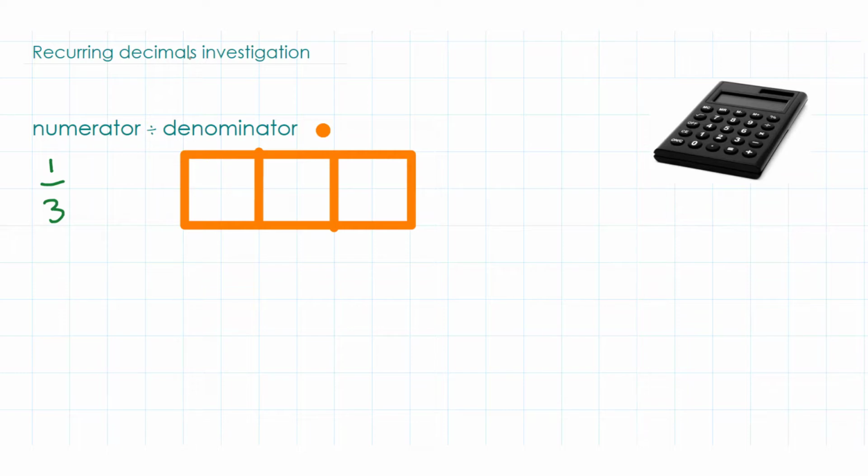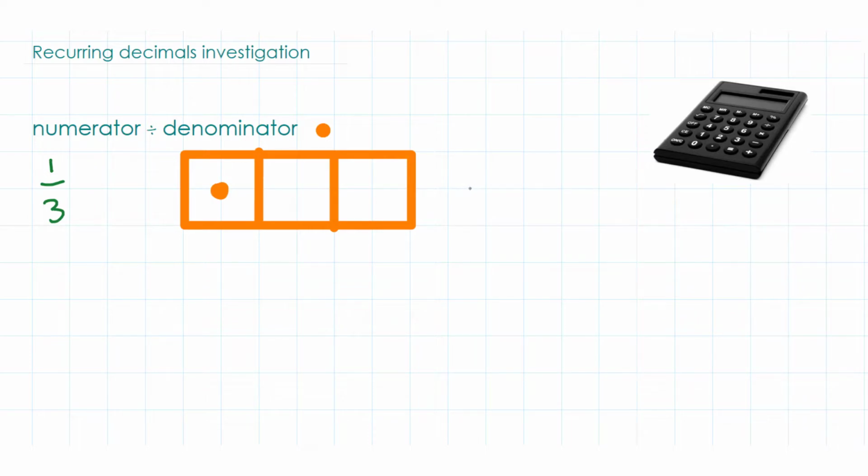Well, the bar model here might help us. What does 1/3 mean? 1/3 means you've taken the whole, like this whole rectangle, and you've split it up into 3 equal parts, and 1/3 would be one of those parts. But hang on a second, if you take a whole and split it up into 3 equal parts, that's the same as dividing by 3.